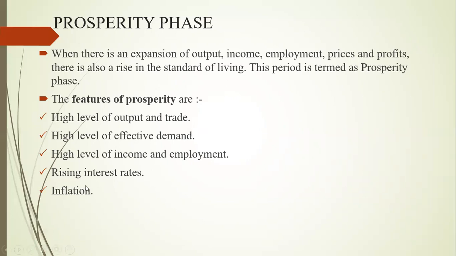What happens with this? Interest rates will increase in banks. And inflation will also increase because now people have enough money. So inflation will also increase under the prosperity phase.